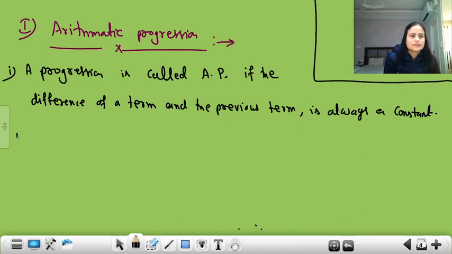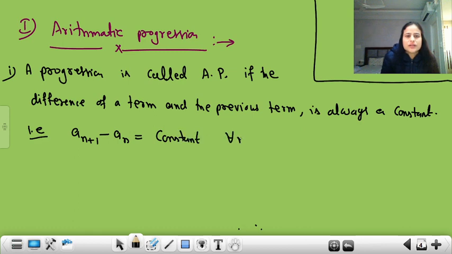Or second, in general mathematical notation, if I take the (n+1)th term minus the nth term, the difference of this term and the previous term, the term previous to the (n+1)th term being nothing but the nth term, then this difference is always a constant for every natural number, right?